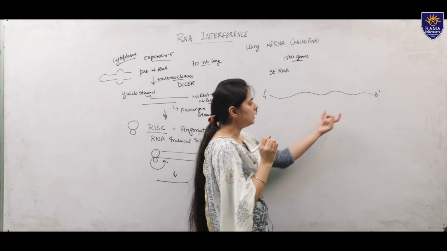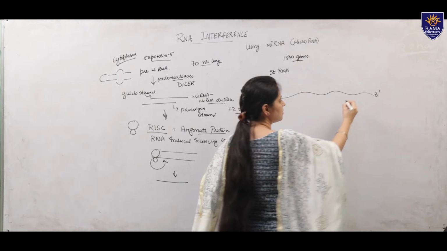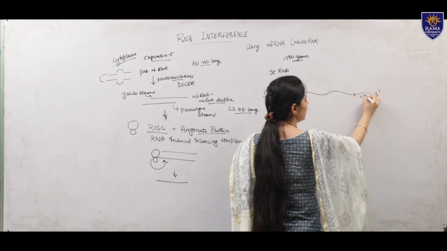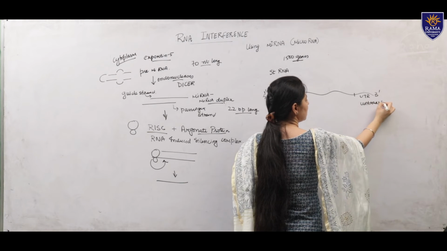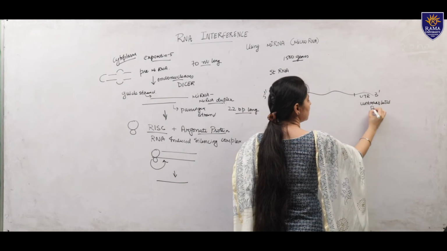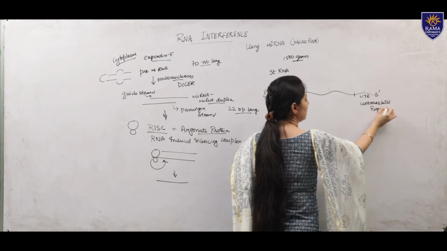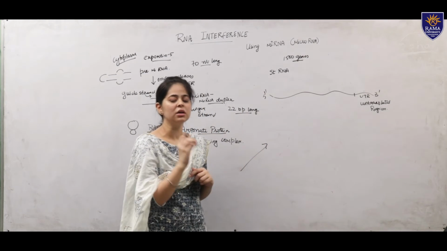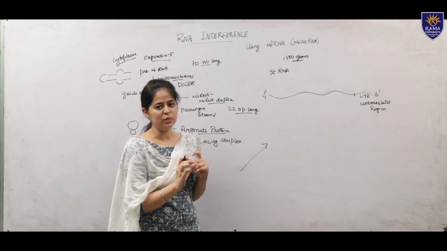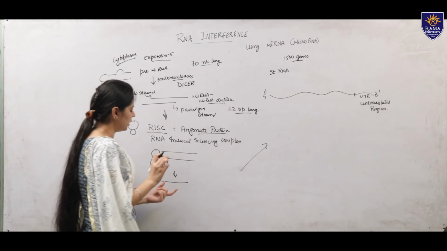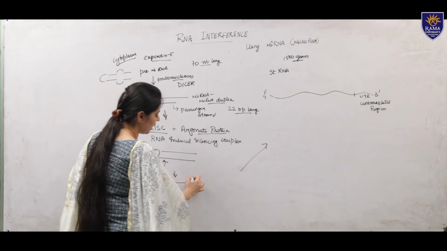At the 3' UTR region, this is the untranslated region, that is, it is not coding for any protein. This untranslated region has a sequence which is complementary to the miRNA which is now created.